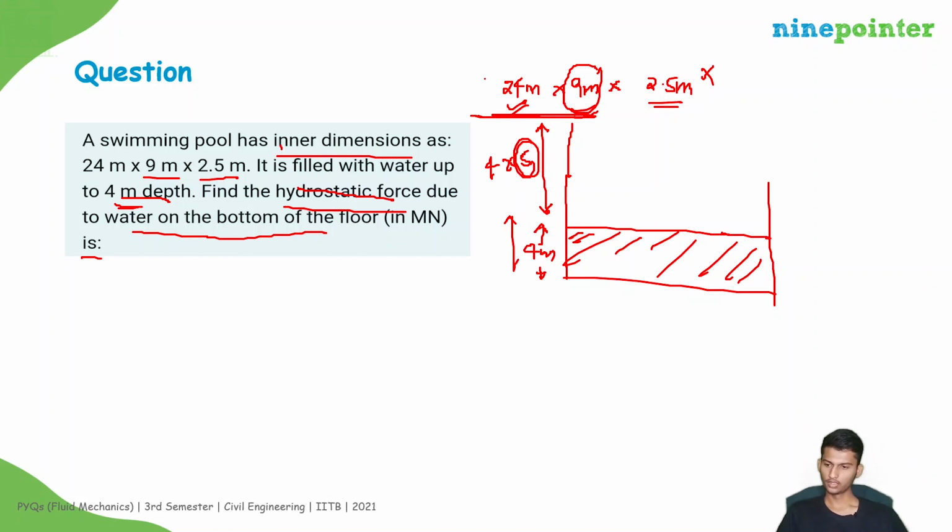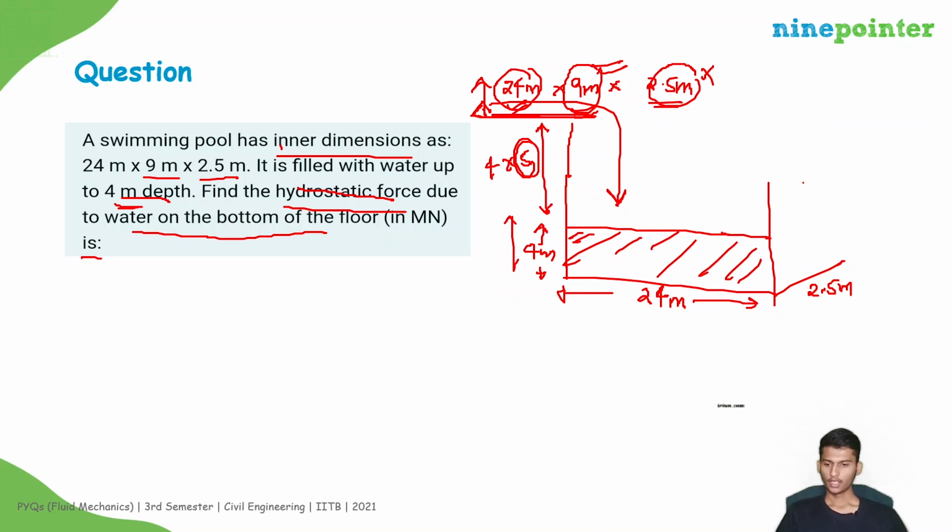So you will jump from here. It is not making sense, right? You may take that value, but I prefer to take 9 meters as the depth, 24 meters as the length, and 2.5 meters as the breadth, right?